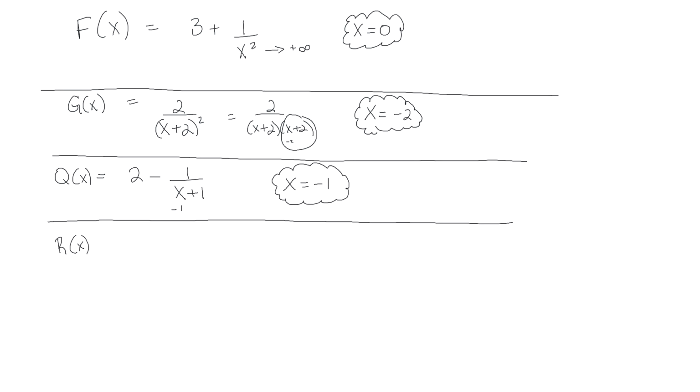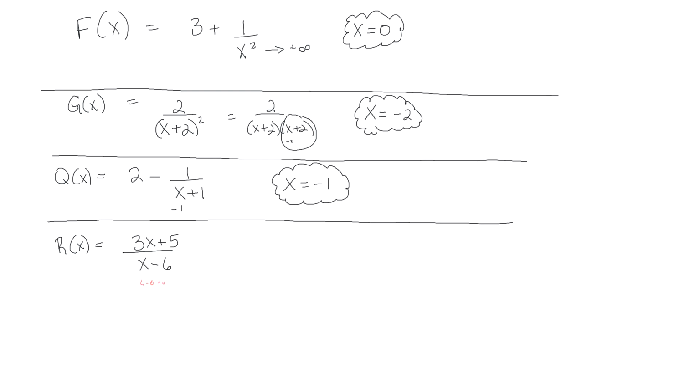R of x. What do I need to do to make the denominator a 0 without making the numerator a 0? If I put a 6 here, 6 minus 6, you get a 0, sorry, for the bottom, the denominator.